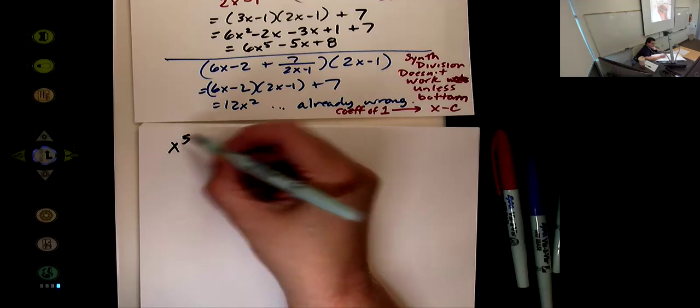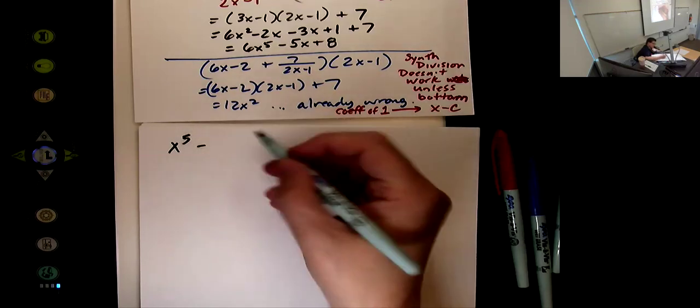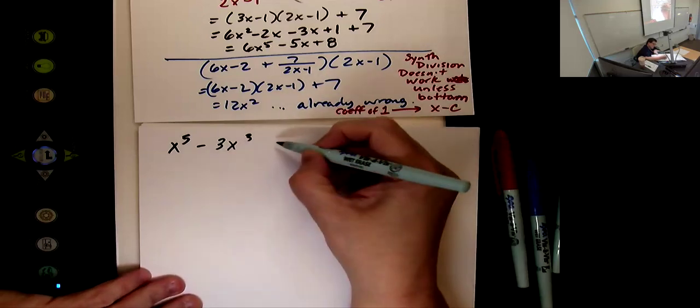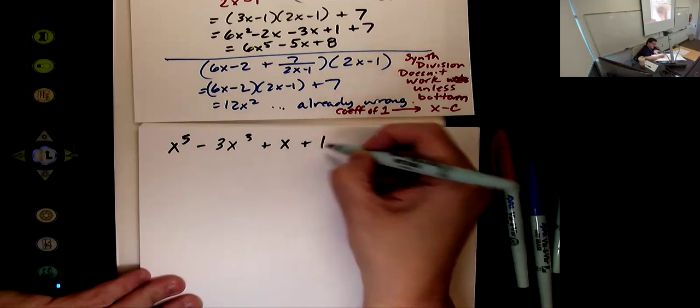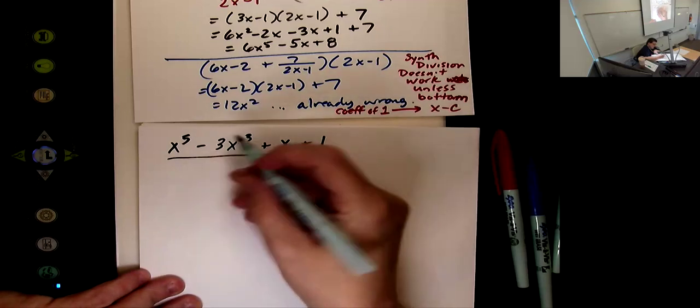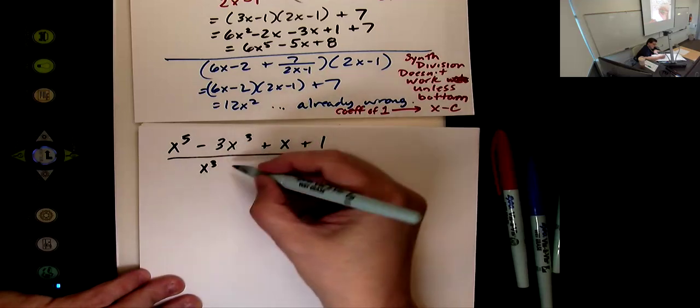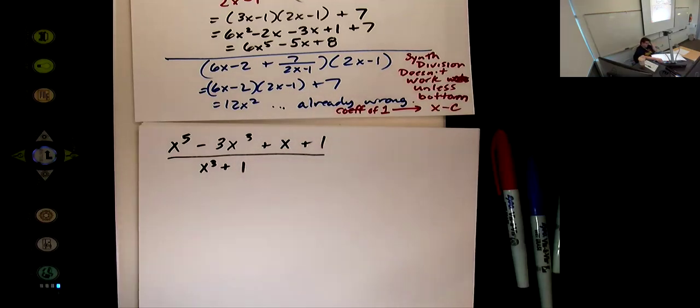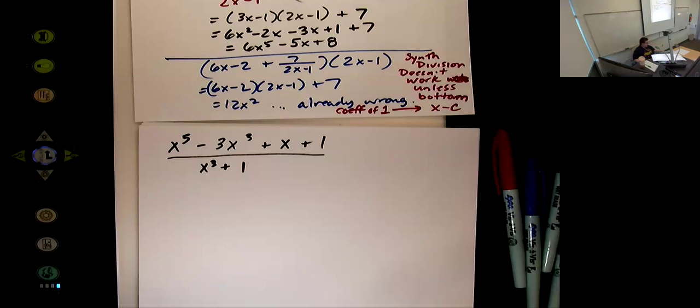Say x to the 5th minus 3x cubed plus x plus 1, divided by x cubed plus 1. So synthetic division already doesn't work. So we have to do long division.